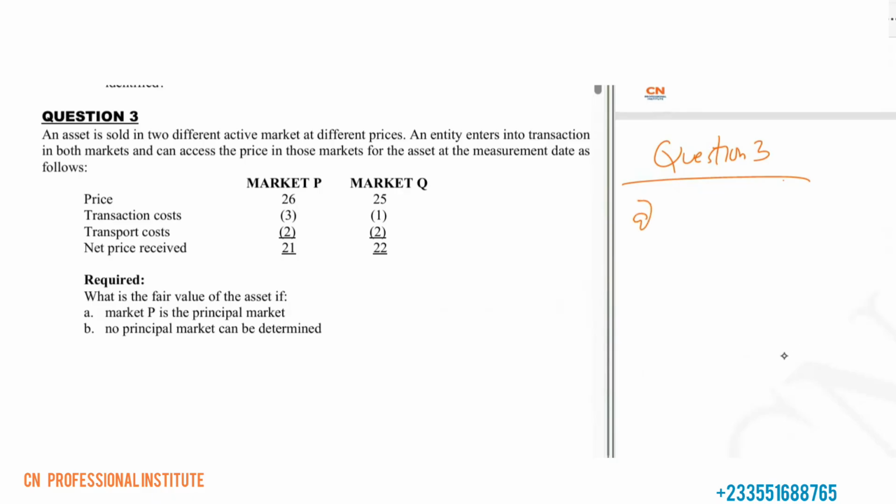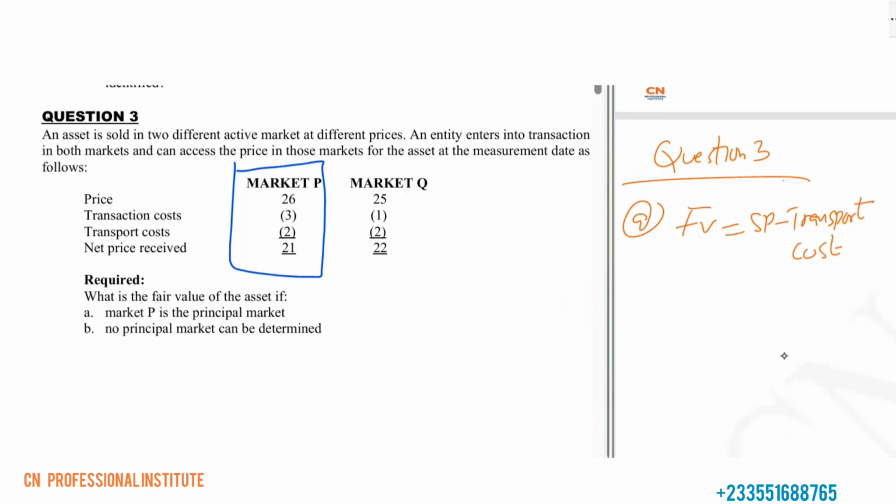So A says if P is the principal market. So if P is the principal market, just go straight and determine the fair value from what? From market P. So the same formula, fair value is equal to your selling price minus your transport cost.